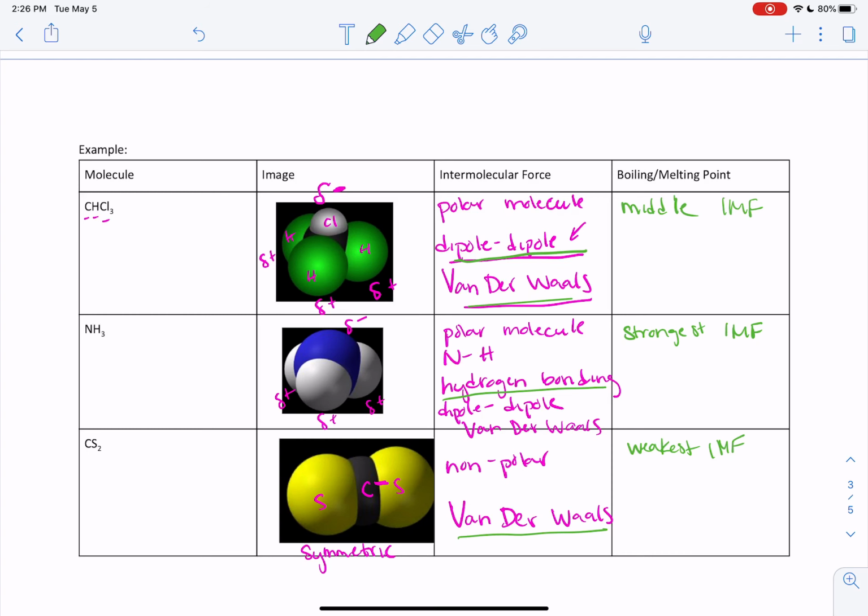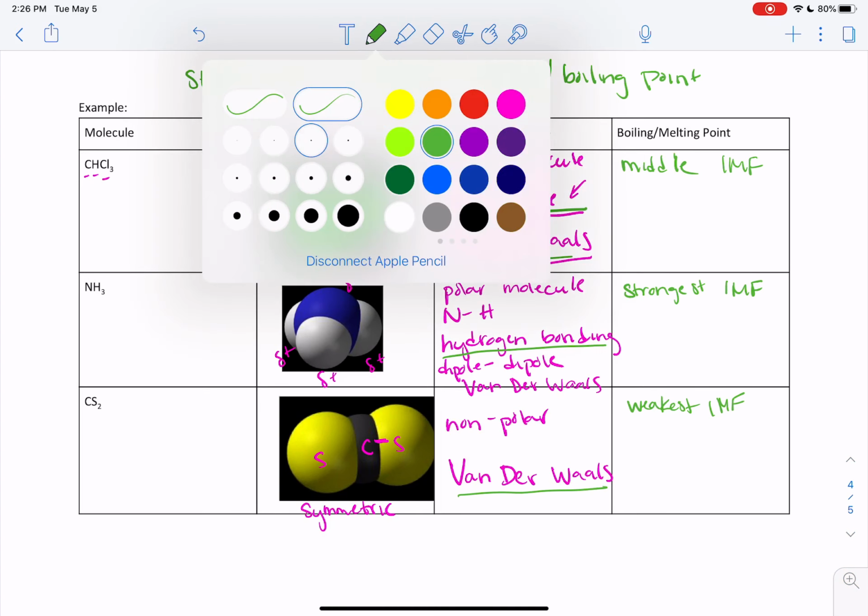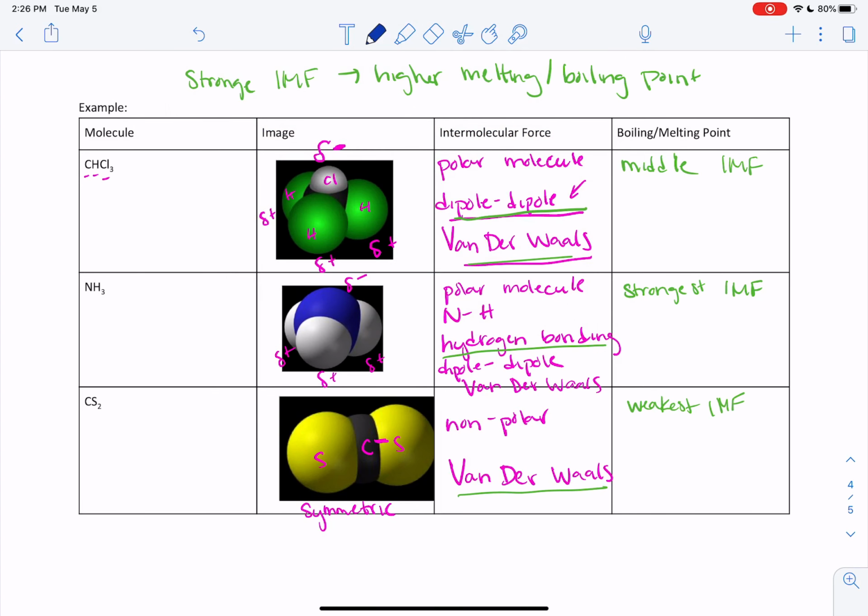Okay. So we said if you have stronger IMF, you have higher melting and boiling point. Okay, so that means here, NH3 has the strongest intermolecular force, so this has the highest boiling and melting point.